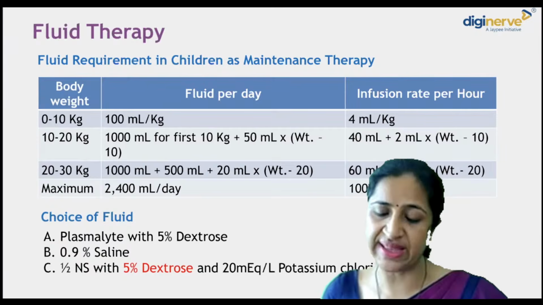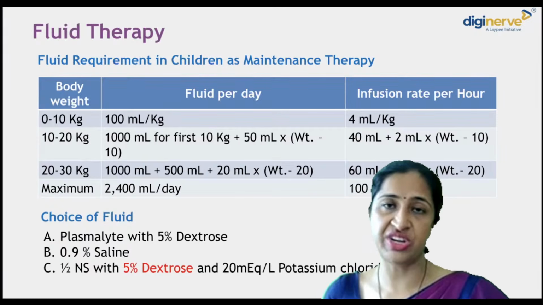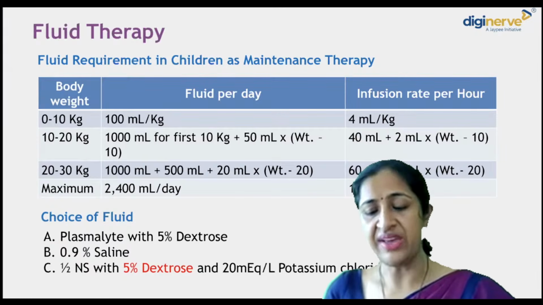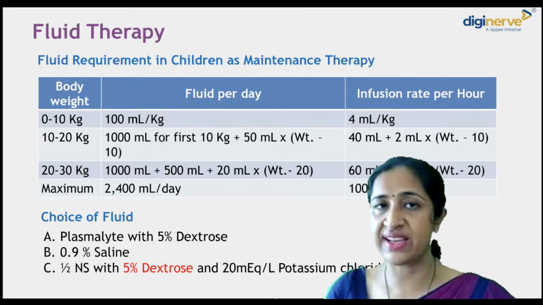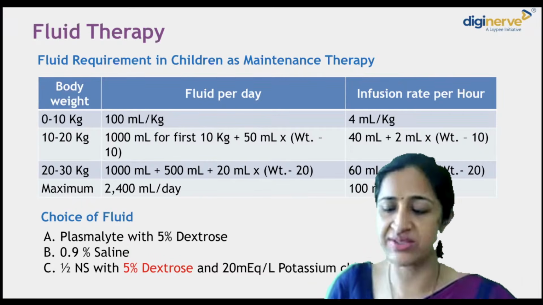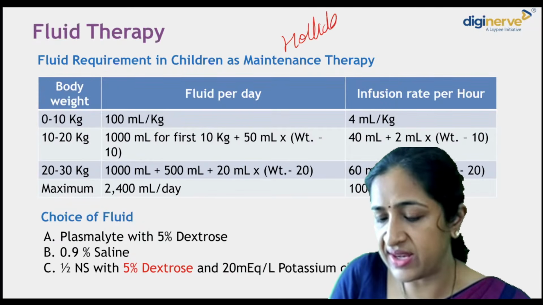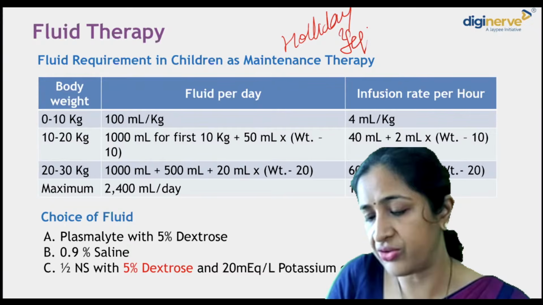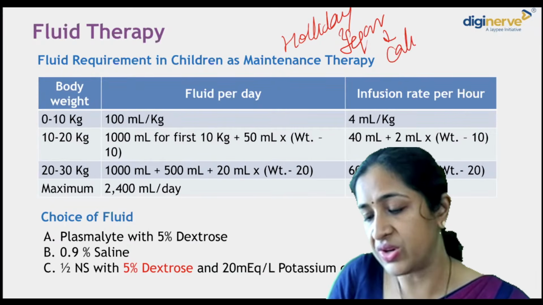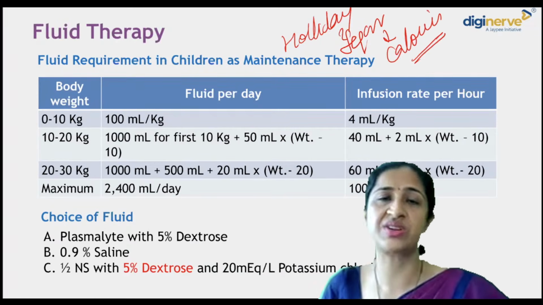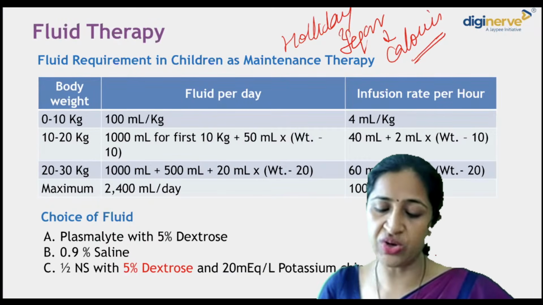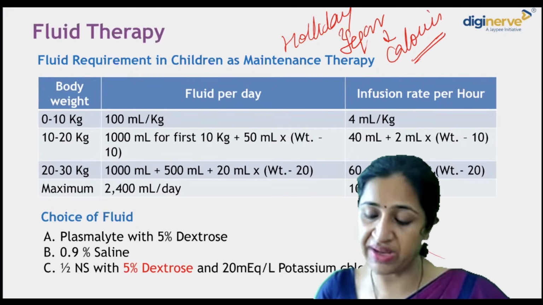Moving to fluid therapy. Fluid requirement in children is decided by a formula very similar to the Holliday-Segar formula. The Holliday-Segar formula is for the calories, and a very similar calculation is used for fluid therapy. 0 to 10 kgs, it is 100 ml per kg.